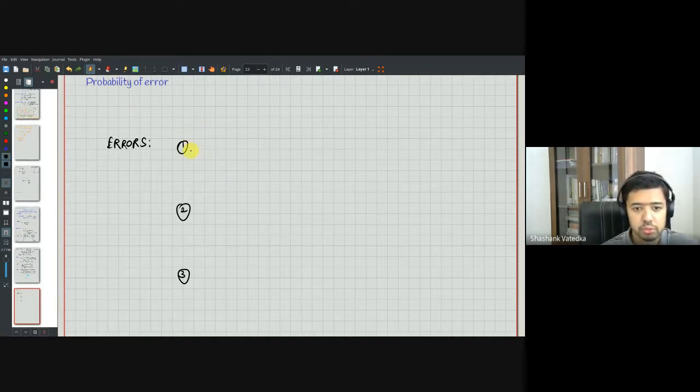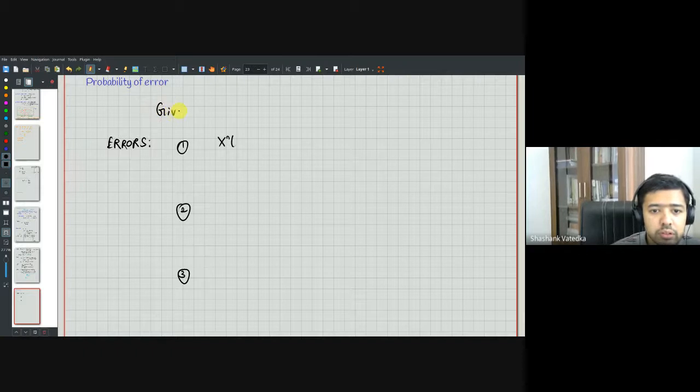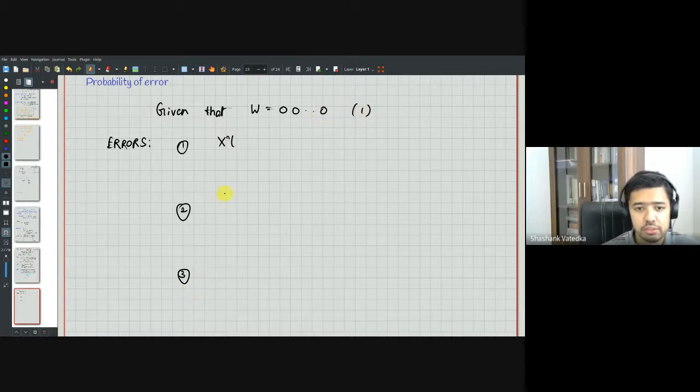So given that the message that needs to be transmitted is the all zero sequence, or basically the first message, the first source of error is that xn of 1 does not satisfy the cost constraint.